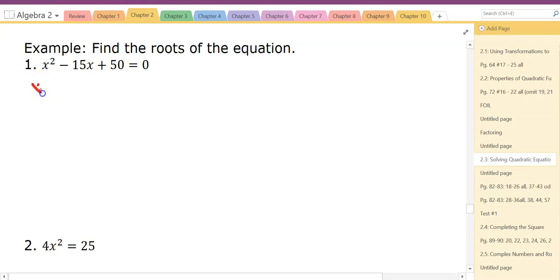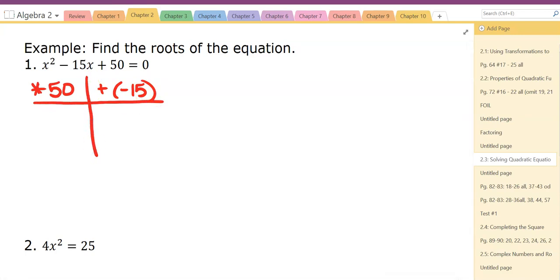So you're thinking of two numbers here that would multiply to that 50 at the end and add to that negative 15 in the middle. Can you guys think of two numbers that would do that?